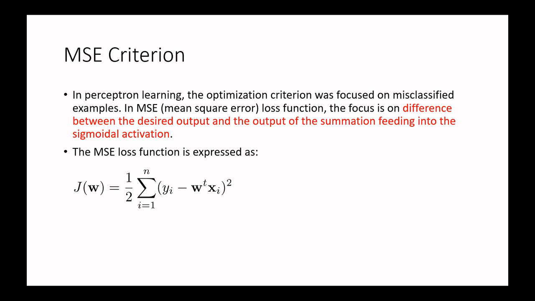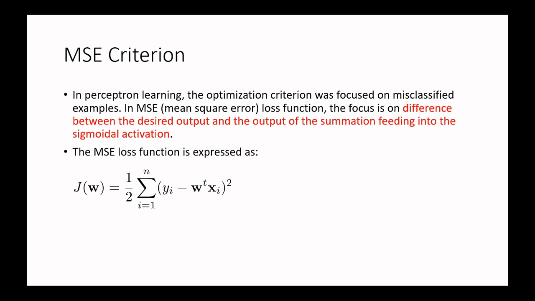as shown in this expression. And 1 by 2 is just for getting rid of 2 in the calculations. So J(W), our criterion function, is 1 by 2 summation over all the examples. yi is the desired output.